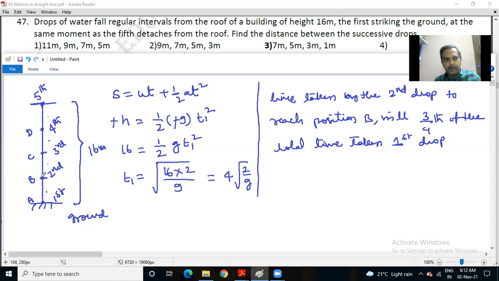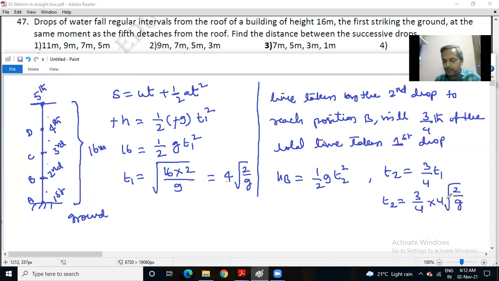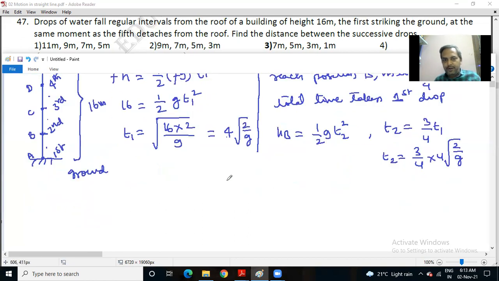Write down from the top HB, same equation, S equal to ut plus half at square, negative negative cancelled, half g T2 square. But what is T2 here? It is 3/4 of T1. So what is T1? This is T1. So T2 is equal to 3/4 into 4 under root 2 by g. Now you find out HB.